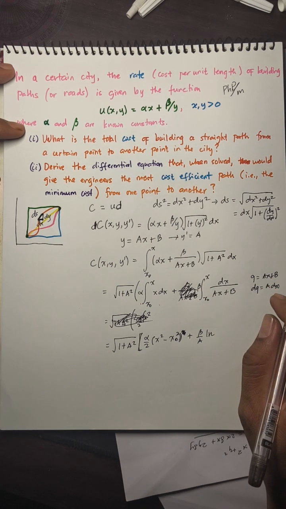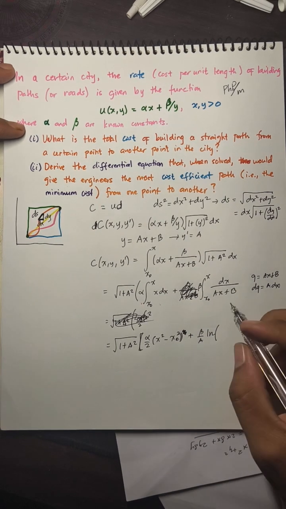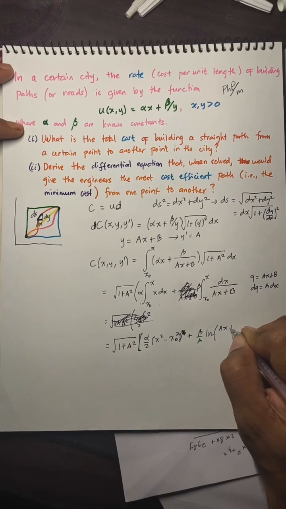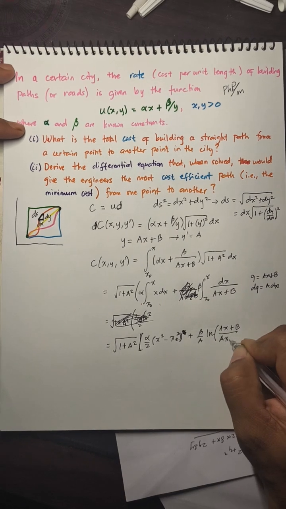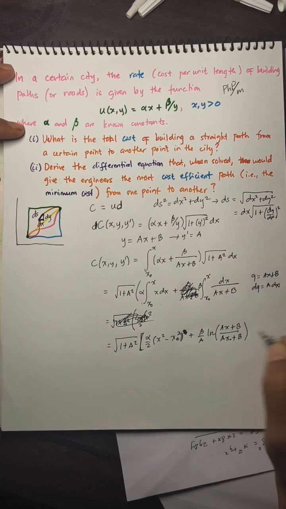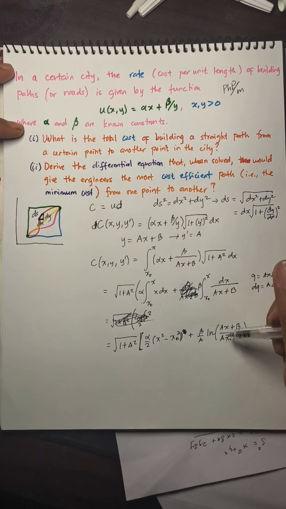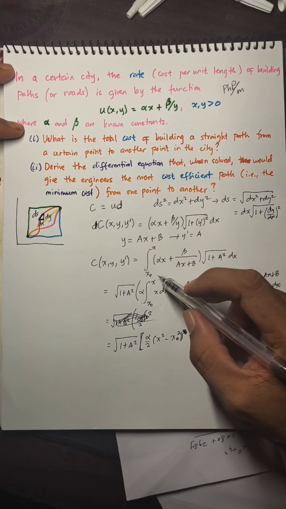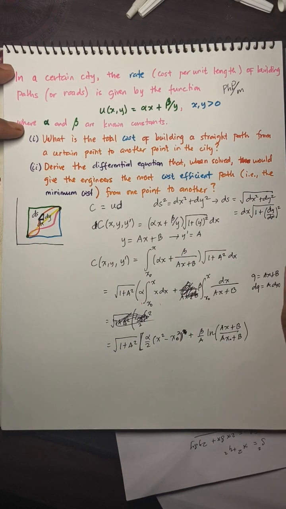So that would give us ln of ax plus b minus ln of ax naught plus b, or we can just take this as ln of ax plus b over ax naught plus b. Here x is no longer a variable. It's actually just a constant, the final x.